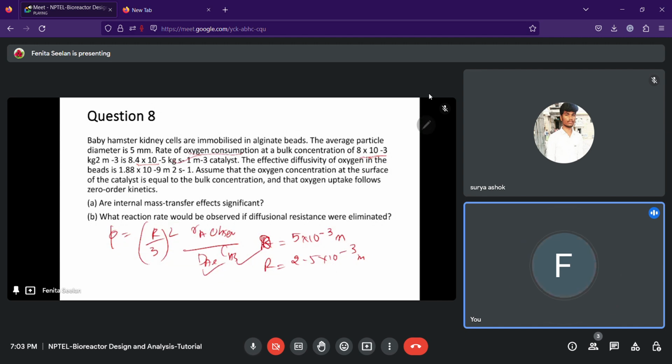So if it is more than 1, it means your reaction rate is more.